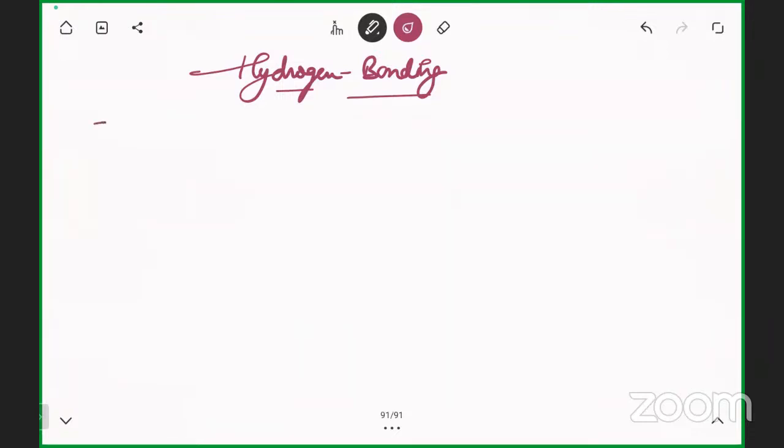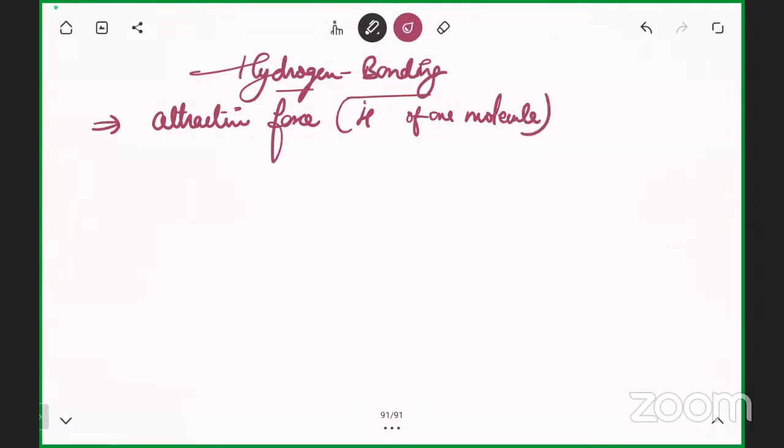So if I talk about hydrogen bonding, it's an attractive force which binds the hydrogen of one molecule with an electronegative atom.